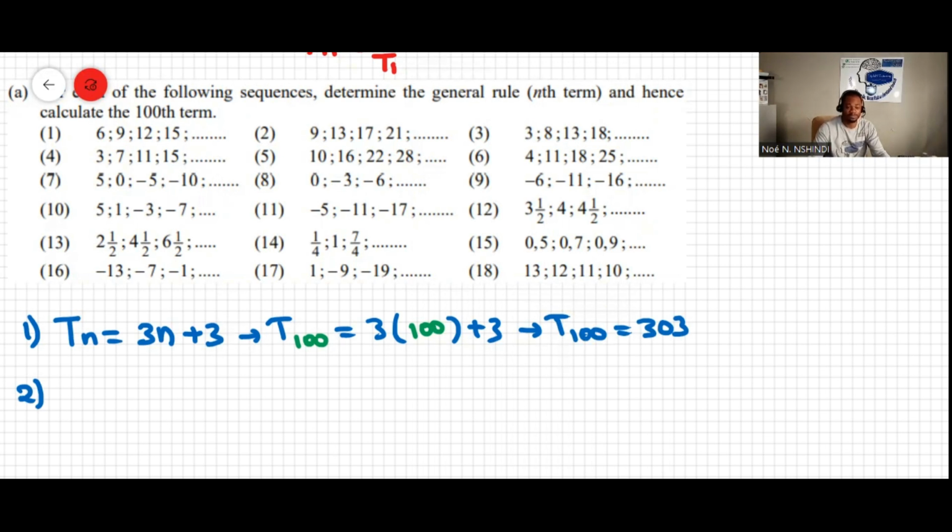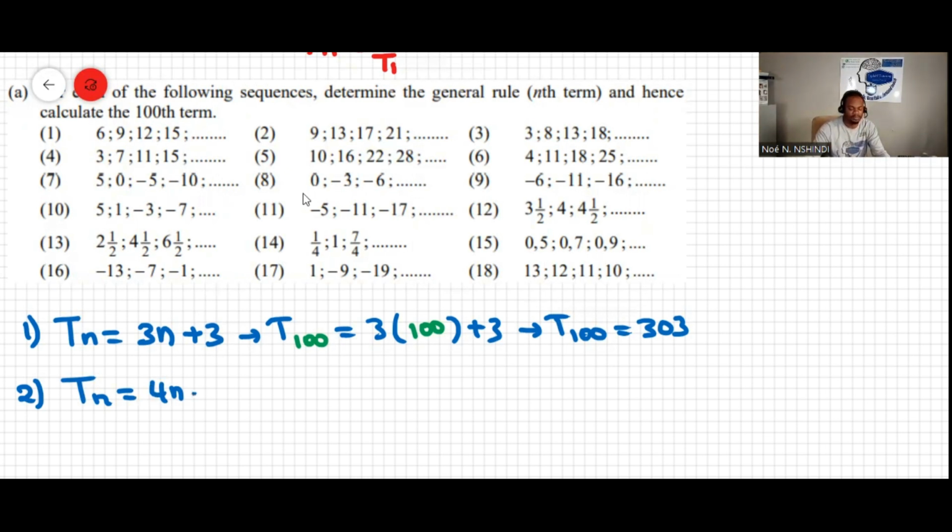The same way we can do question 2. I will leave some of the questions here for practice. In question 2, I'll say again, the constant difference here is 4, because you add 4 every time to each term to find the next term. So this is going to be 4n. If I have this 4 here, I need to get 9. From 4 to 9, I must add 5.